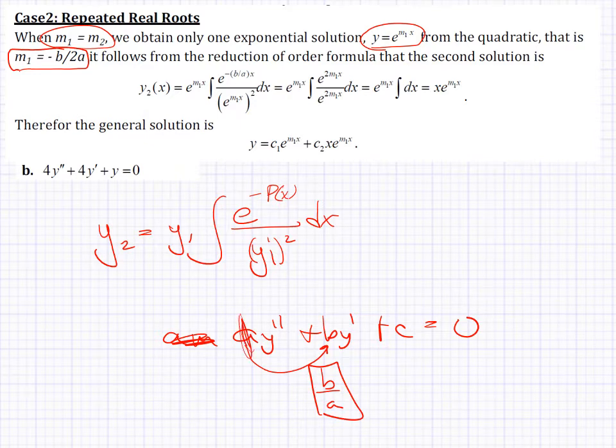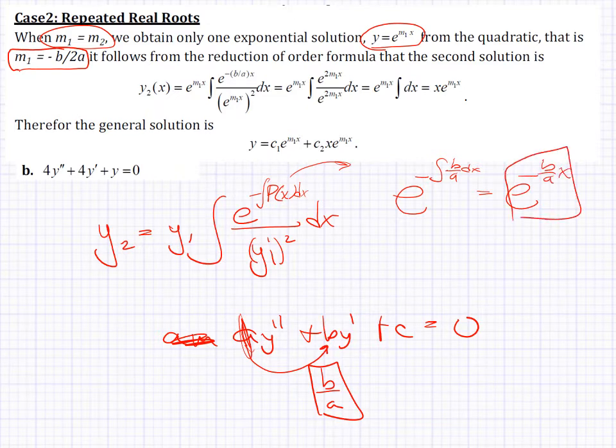And so if we look at this integral here, what you're going to get is e to the negative integral of b over a dx, which is going to give me e to the negative b over a x. Okay, so that's this first part, and you see that here.